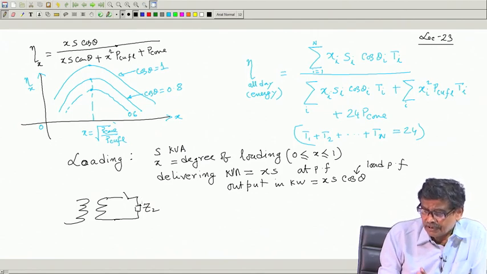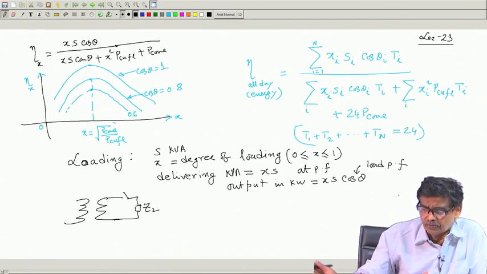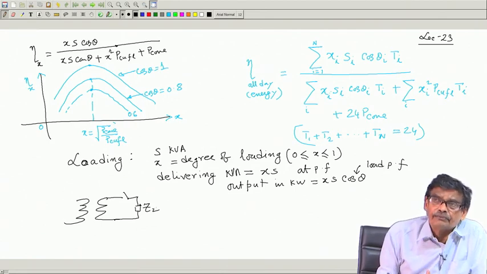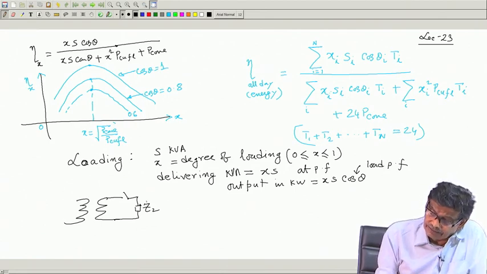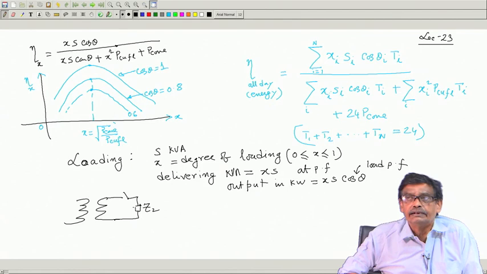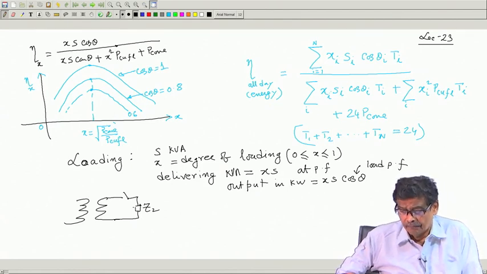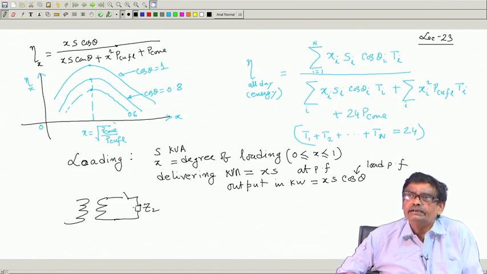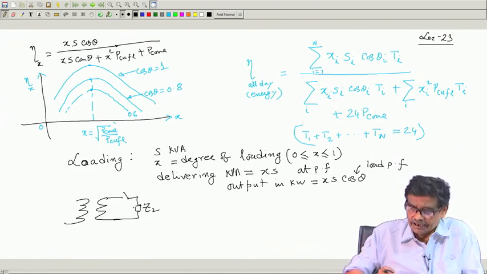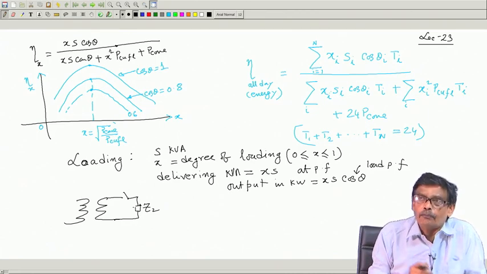This Z2 may be because of some parallel loads. Anyway, in terms of Z2 I told, but this load connected across the secondary is not really explicitly mentioned in terms of a complex impedance. If it is effectively, it will be some complex impedance.